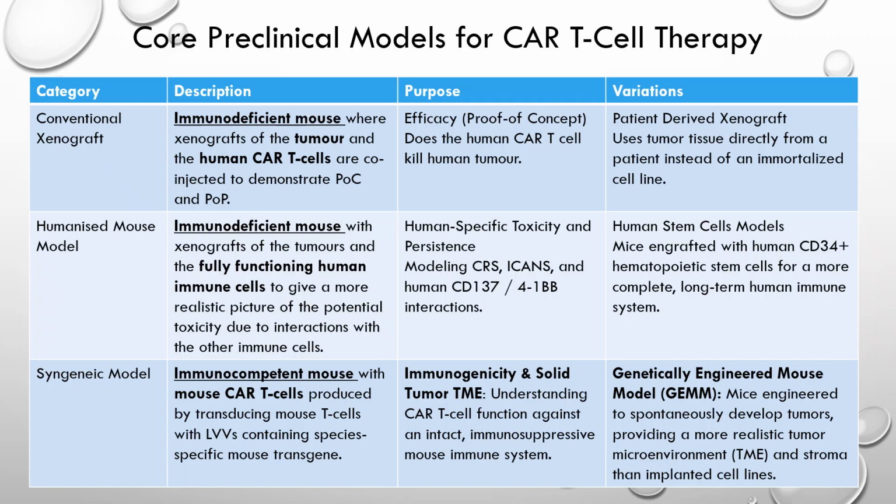So this is an immunodeficient mouse. It has xenografts of tumor and fully functional human immune cells. So you can get a much more realistic understanding of toxicity, because if it's got the human immune cells, you're going to get that interaction between the T cells and the immune cells. Your T cells, when they're activated, express CD137 on their surface, which interacts with other immune cells and is responsible for persistence.